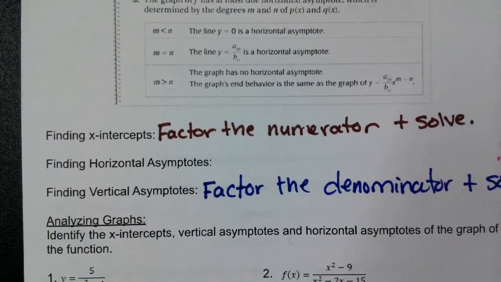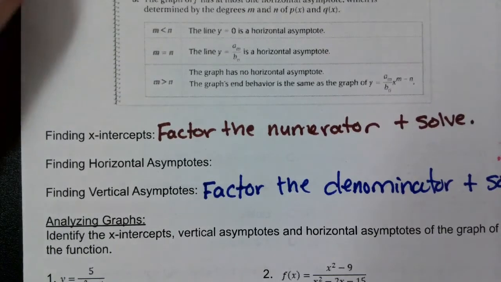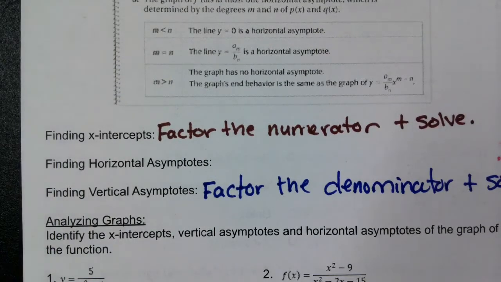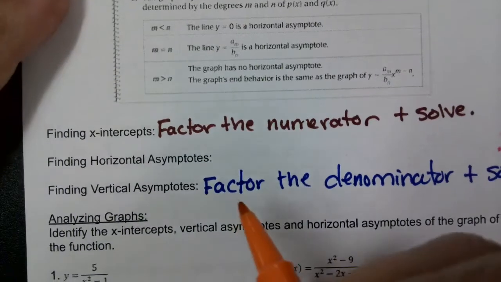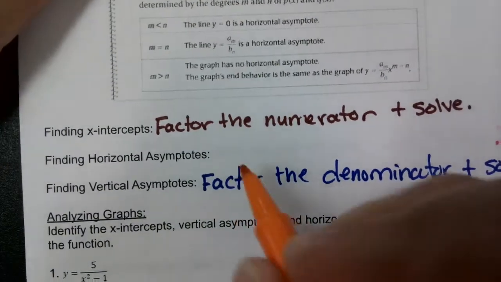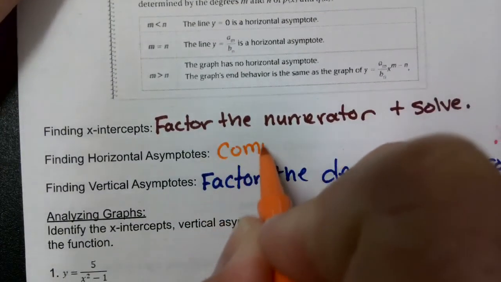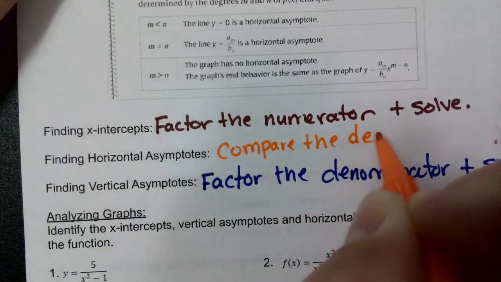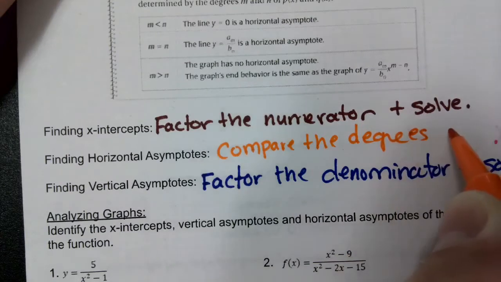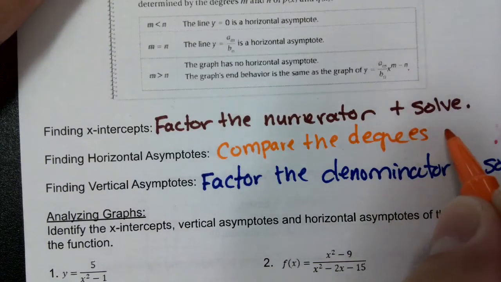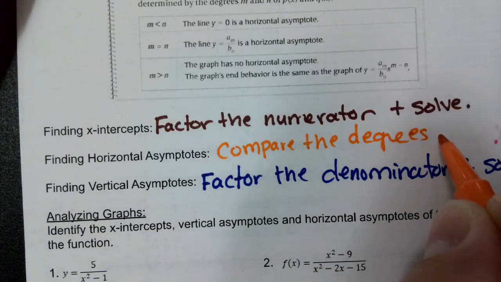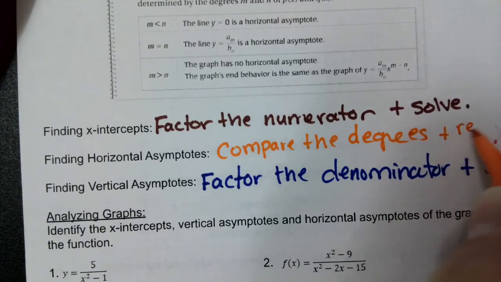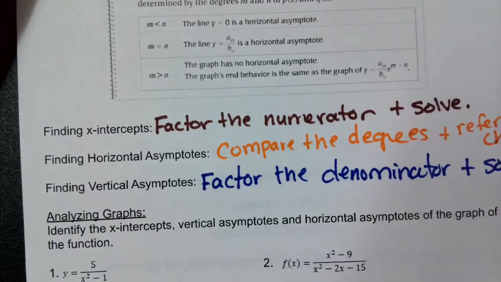Okay. Then for the horizontal asymptotes, it's a little different. We have to compare the degrees of each, the numerator and denominator, and refer to the chart.